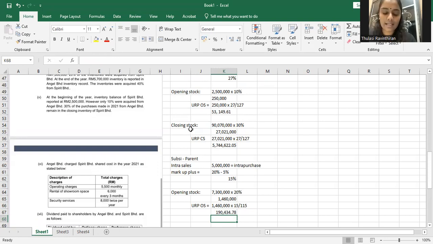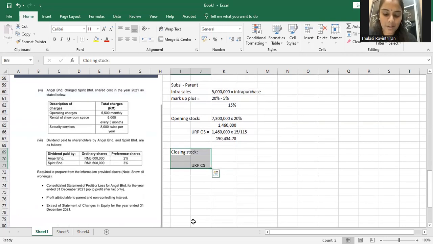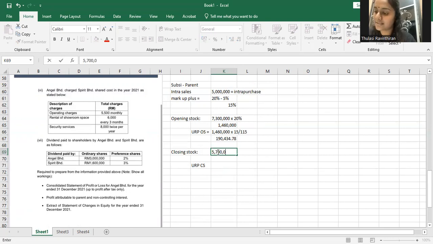Okay, at the end of the year, 5,700,000 inventory is reported in Angel Berhad's inventory record. The inventories were acquired 40% from Spirit Berhad. So closing stock of the subsidiary is 5,700,000 times 40%. The answer will be 2,280,000.